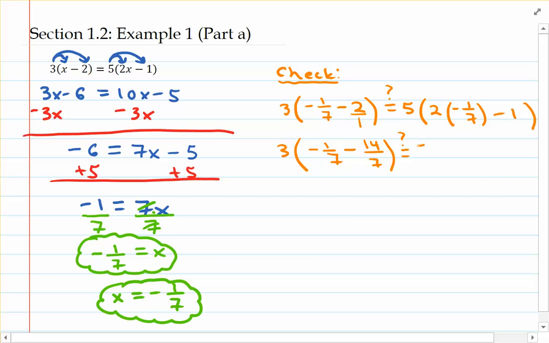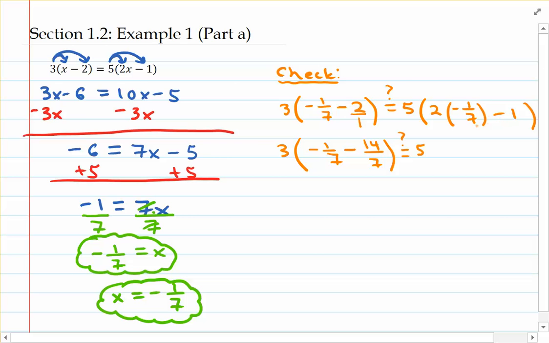On the right-hand side, what we're going to have to do, again, is whatever's in parentheses. There's no action going on inside this set of parentheses, so what I mean by doing whatever's in parentheses is the following. This statement here: 2 times negative 1/7 minus 1.